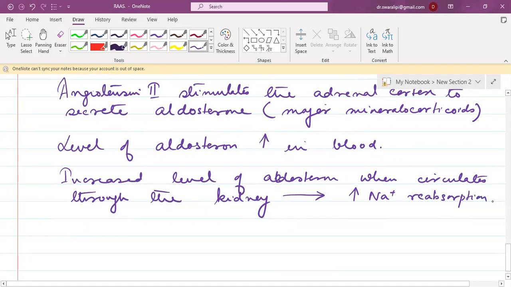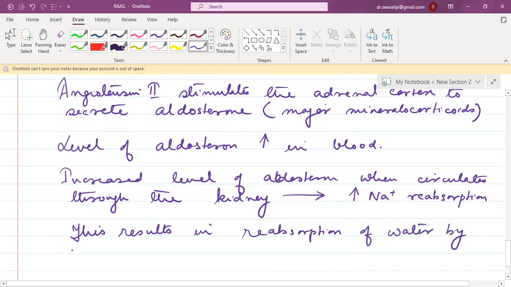Now, what do you think? If sodium ion absorption is increasing, what is the nature of sodium ion? It will pull water by osmosis. Hence this results in reabsorption of water by osmosis. Agree?